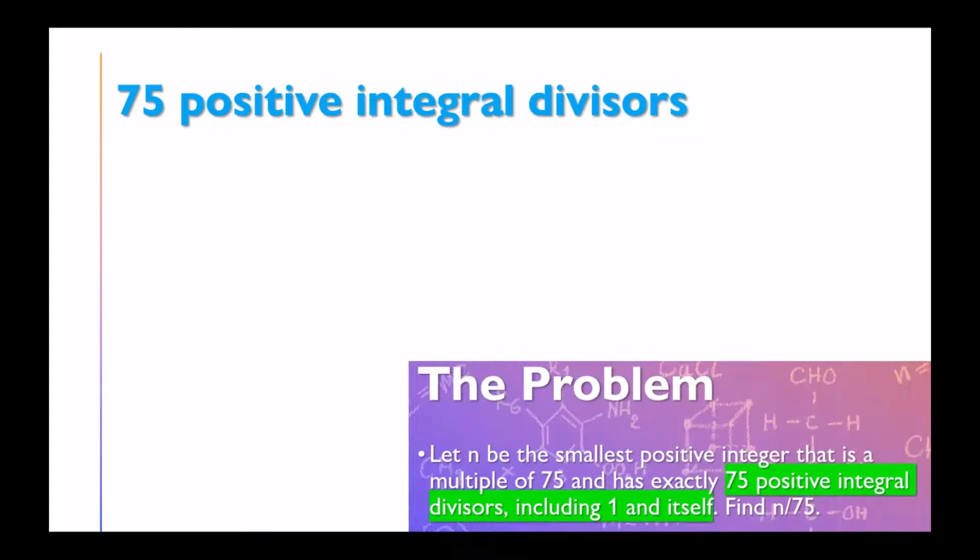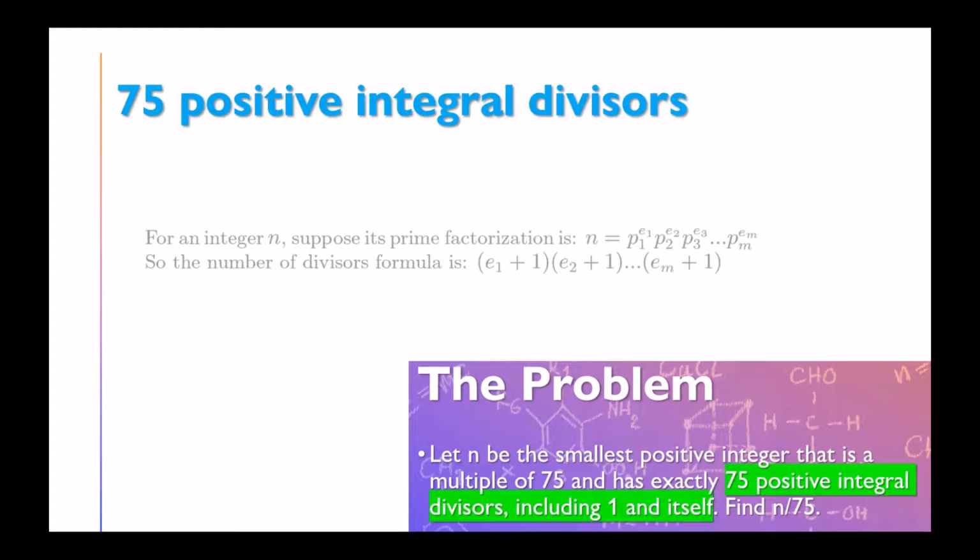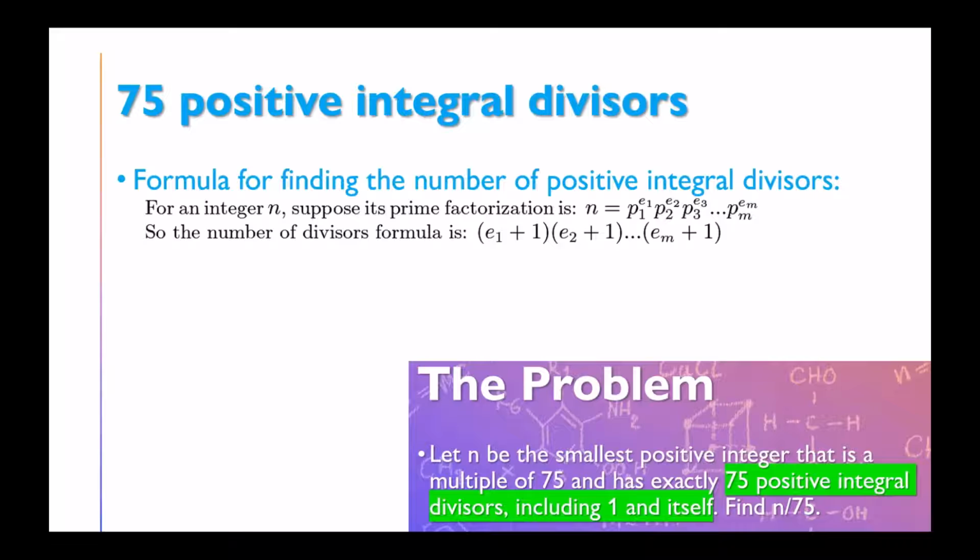So now we focus on the 75 positive integral divisors, including one and itself. This is the key thing for the problem that we need to solve. The formula for finding the number of positive integral divisors is this. For an integer, suppose its prime factorization is n equals p1 exponent e1 times p2 exponent e2, etc. The number of divisors is each exponent added by 1 and multiplied together.